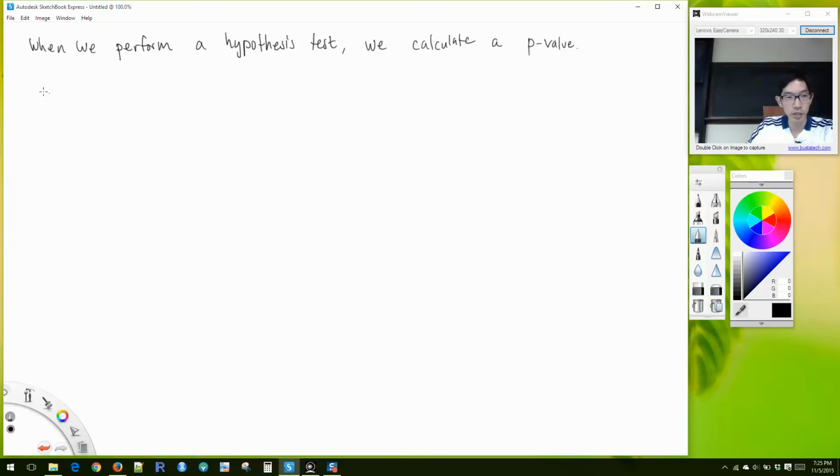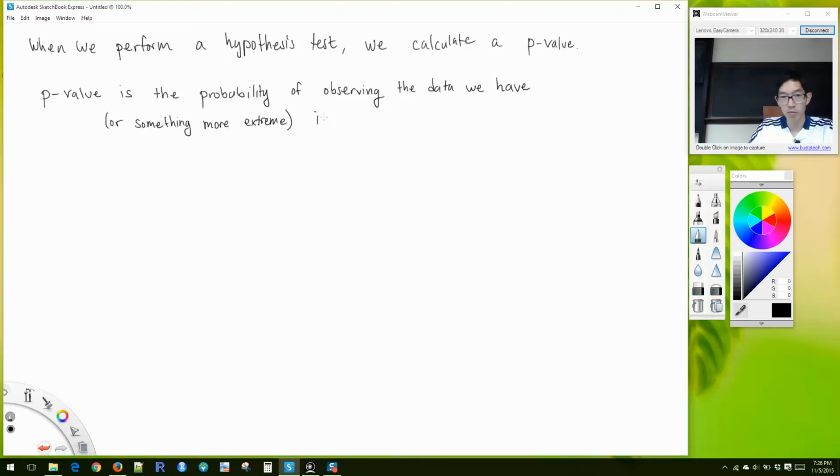And so what a p-value is, the p-value is the probability of observing the data we have or something more extreme if the null hypothesis is assumed to be true.